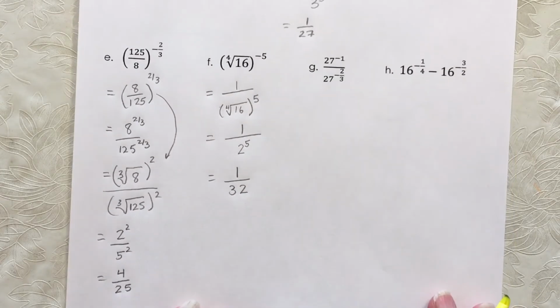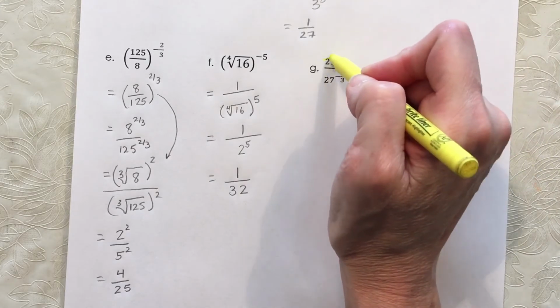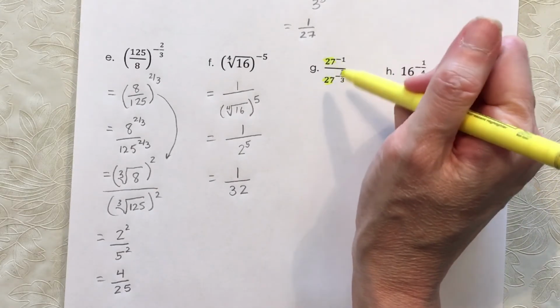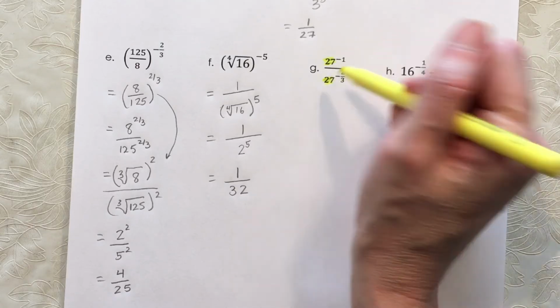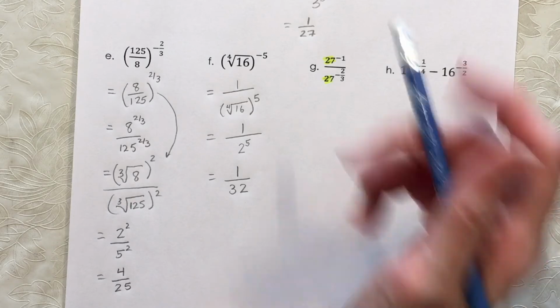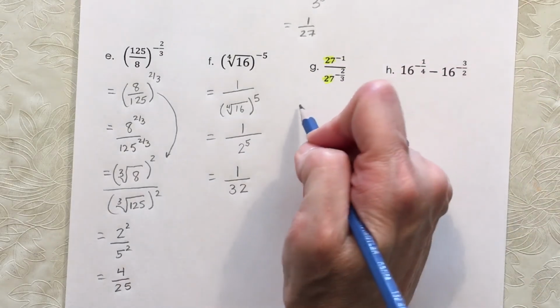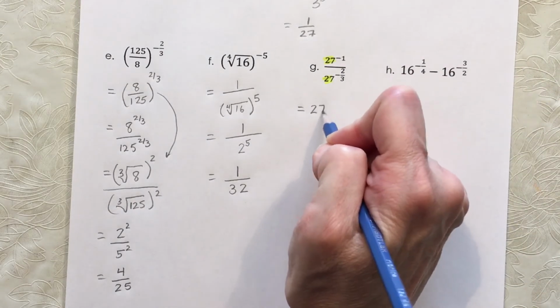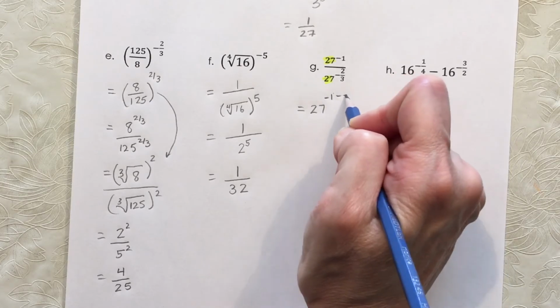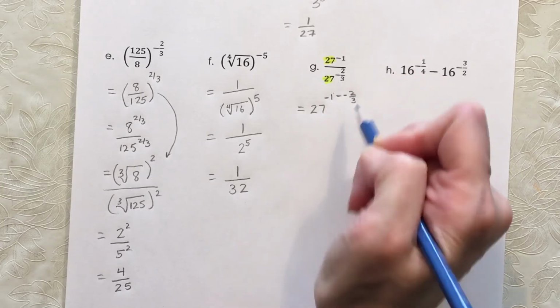G looks tricky, and it is going to be a little bit more complicated than some of the others, but I want you to recognize that we're dividing powers with the same base. So we can use the rule where we keep the base 27 and subtract the exponents. So -1 minus -2/3.